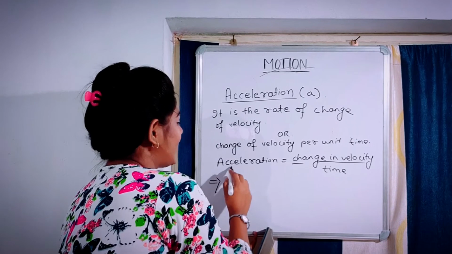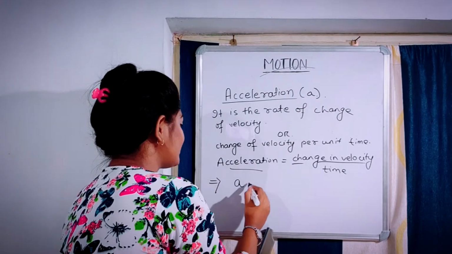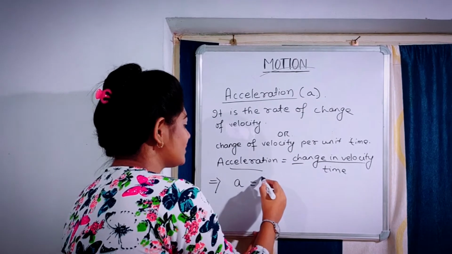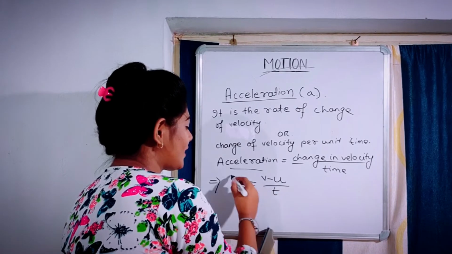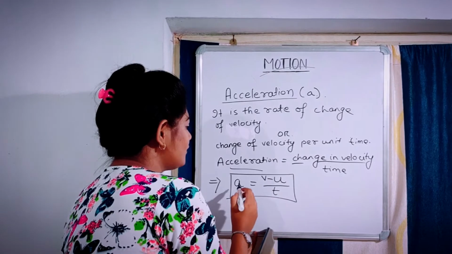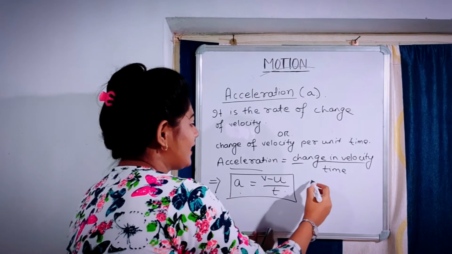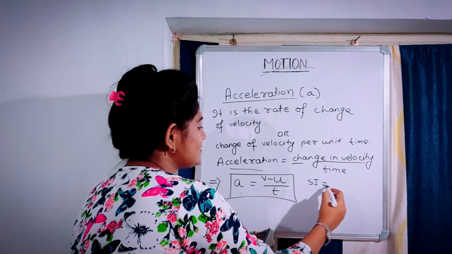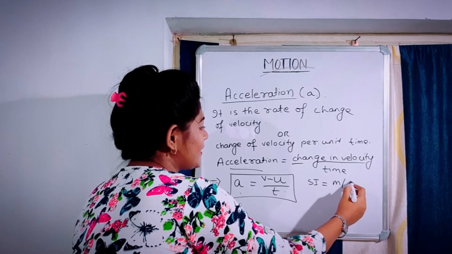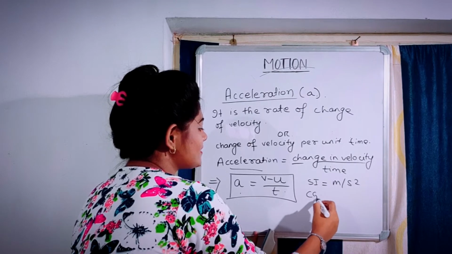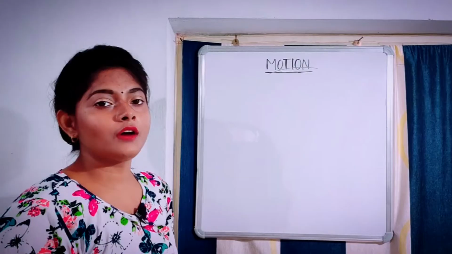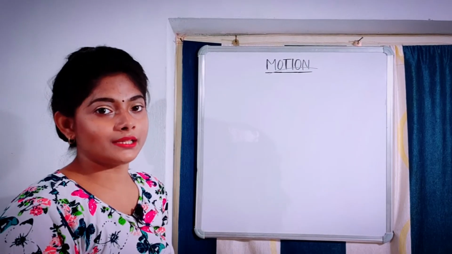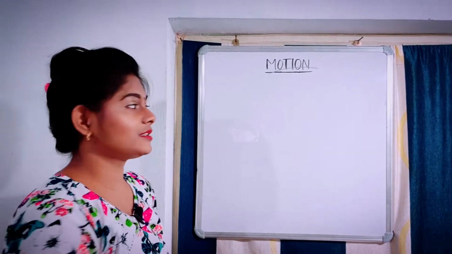This implies a is equal to change in velocity, means final velocity minus initial velocity, by time. So this is the formula for acceleration, and the SI unit is meter per second square, CGS unit is centimeter per second square. Now we will see two important cases related to acceleration.